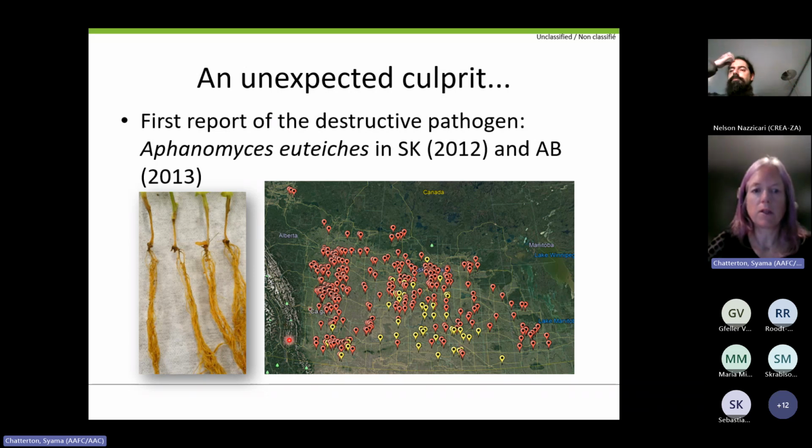These are the cumulative positive fields that we found over those 4 years of surveying. So even though it was a first report in 2012, 2013, when we went looking for it, it was really present all across the prairies.